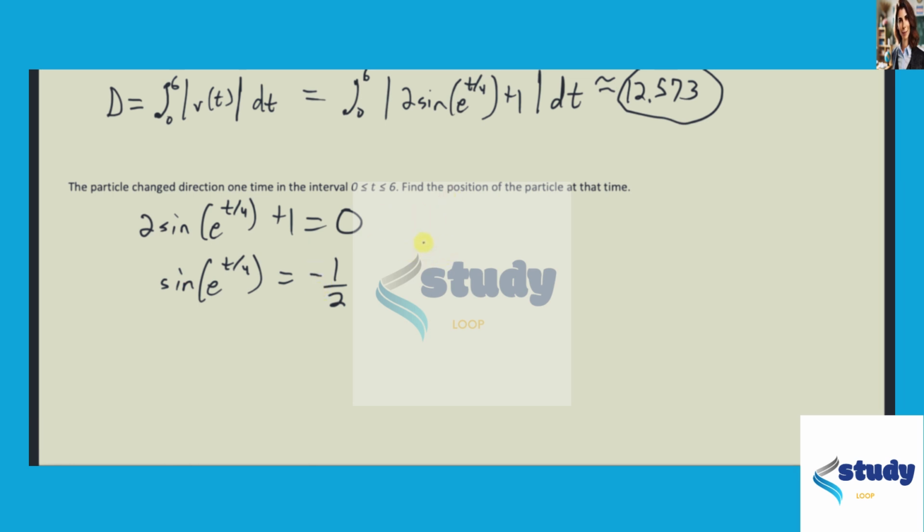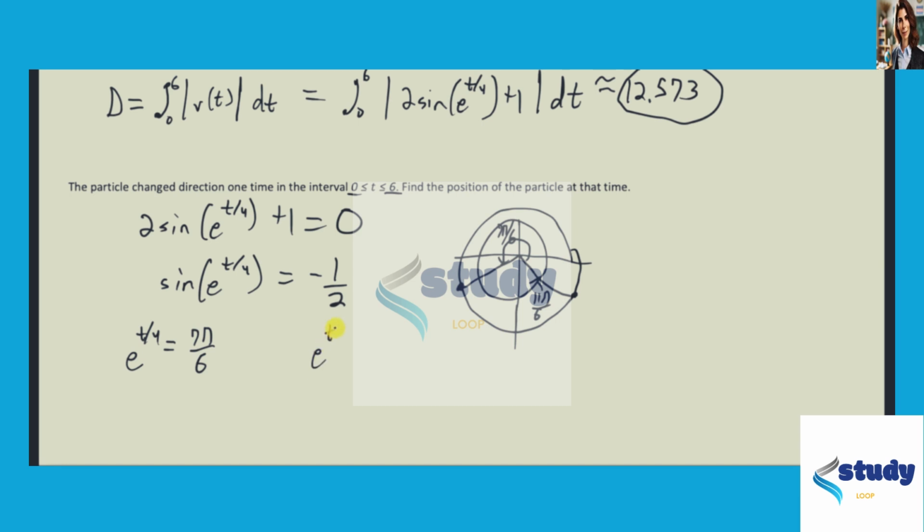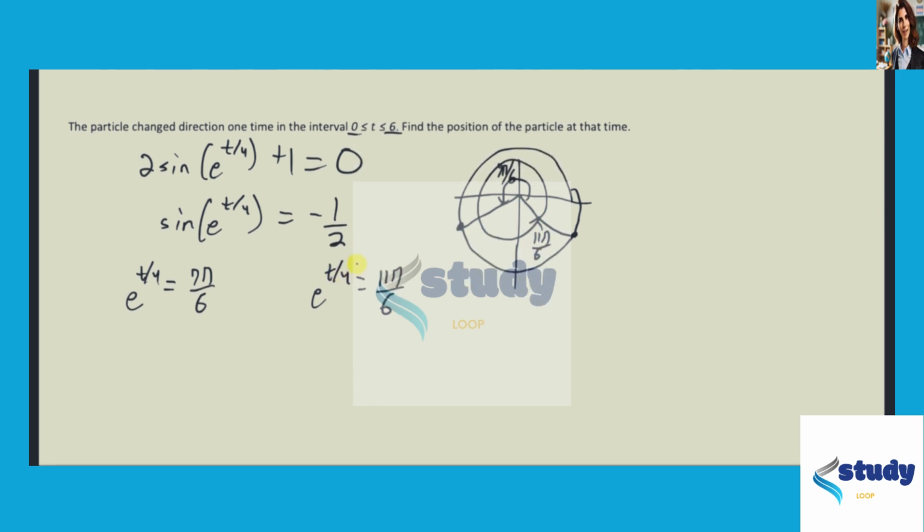Looking at this interval from 0 to 6, if we know our unit circle, as we rotate along the unit circle, that would happen at this angle being 7π/6, and then that larger angle being 11π/6. So e^(t/4) would equal 7π/6, or possibly e^(t/4) = 11π/6. And we can see that one of these solutions will not be valid.